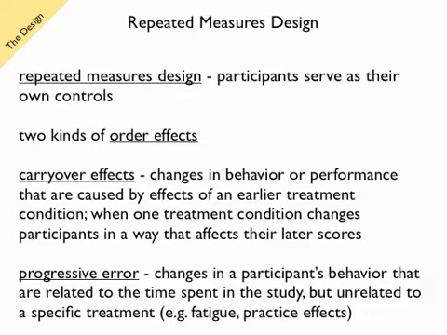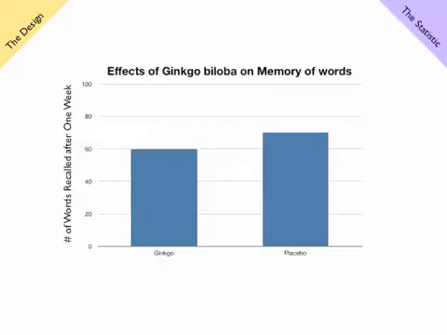So one example that you might be able to see is if people start taking ginkgo, right, and then let's go to the graph for a second. People start taking ginkgo, and it actually does increase their memory, but those effects persist, and you test them later under the placebo condition, and you find their memory continues to improve, but that's because of the ginkgo they were taking before.